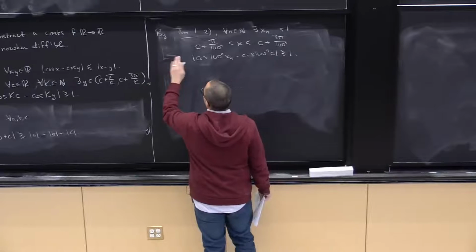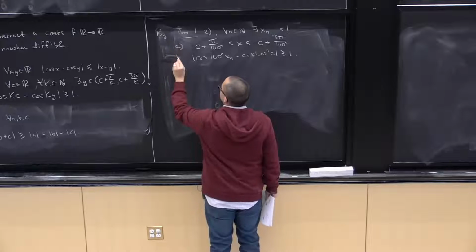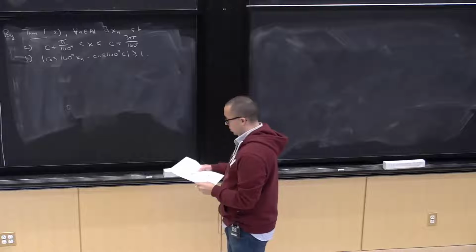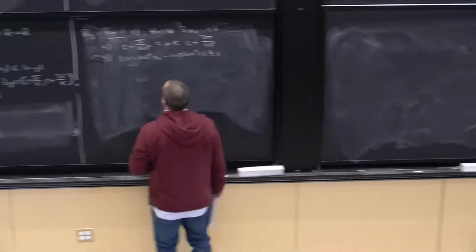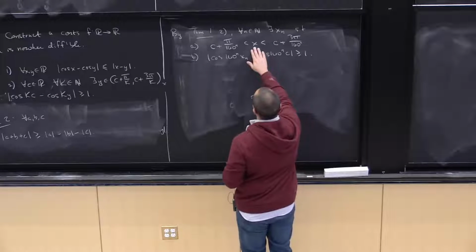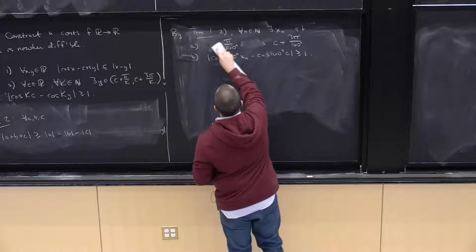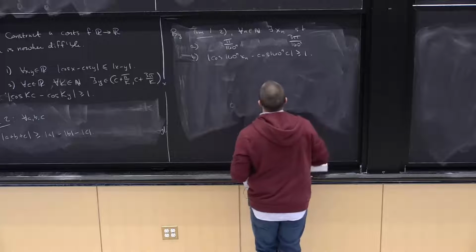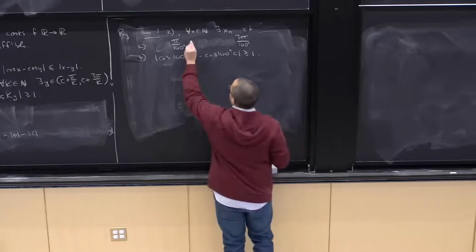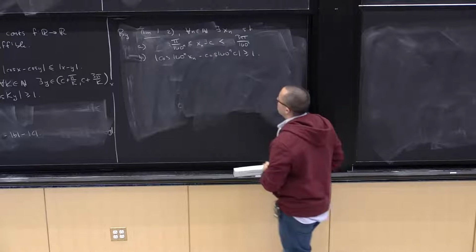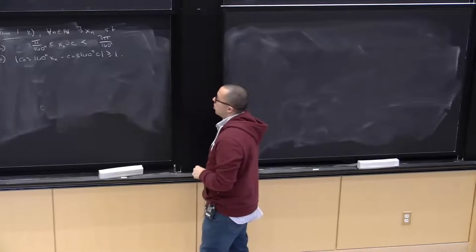So let me call these two properties A and B. So another way of writing A is, by subtracting c across the board, that x of n minus c is between pi over 160n and 3 pi over 160n. Okay?